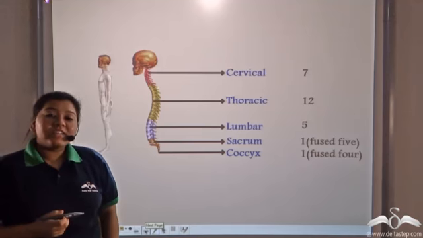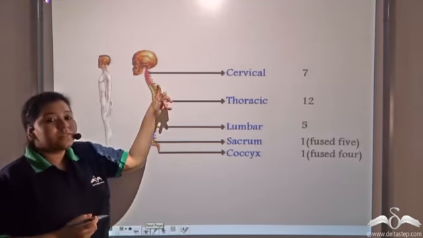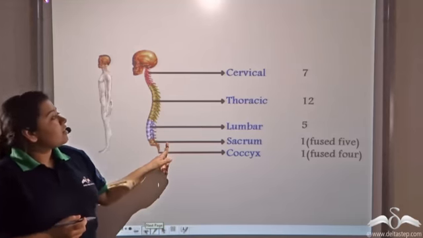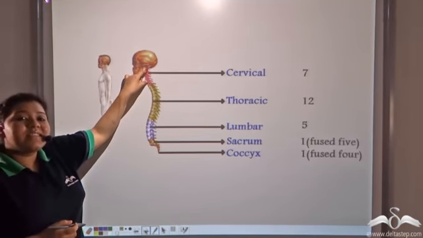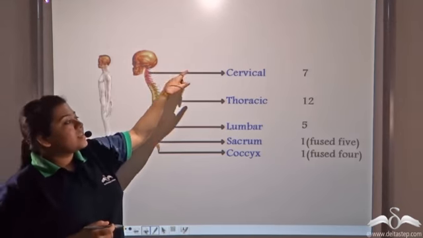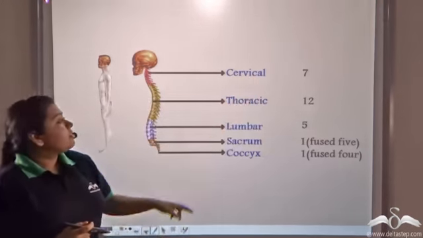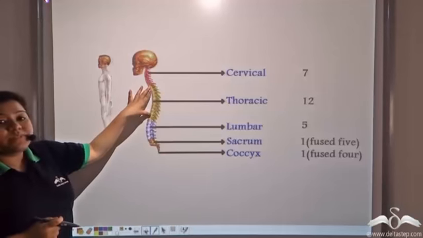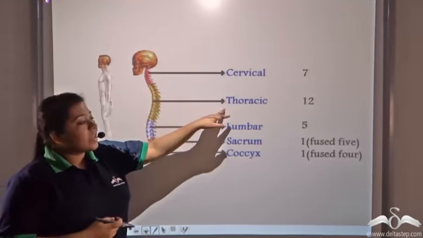Now, there are in total 33 vertebrae in the human vertebral column. Now see, the first 7 vertebrae present in the neck region are known as cervical, which means neck. The next 12 are present in our thoracic area, so they are known as the thoracic vertebrae.